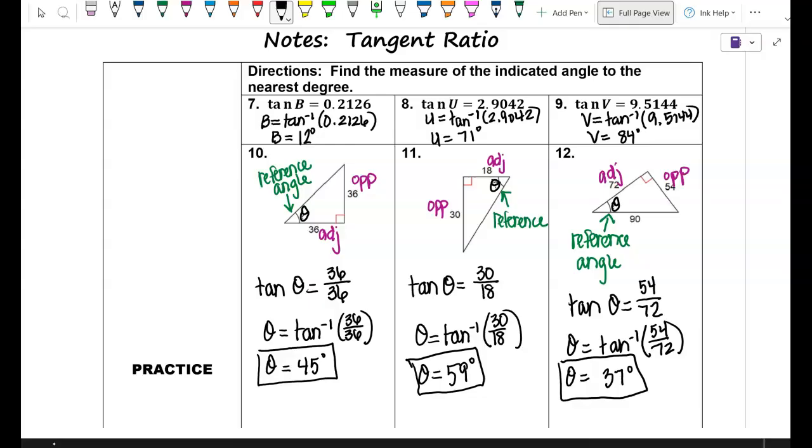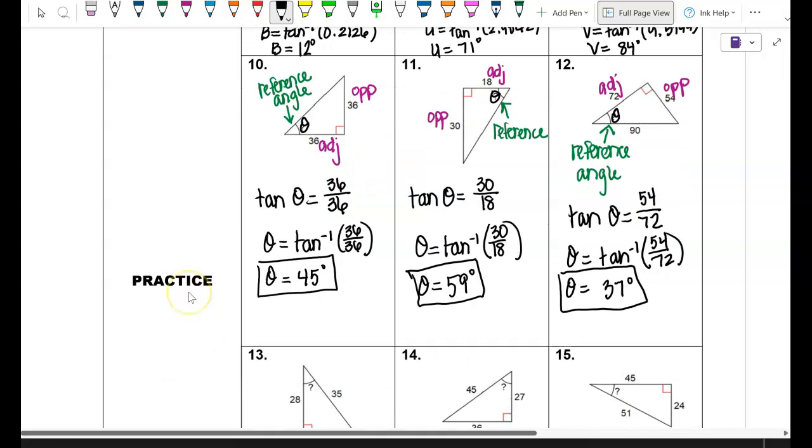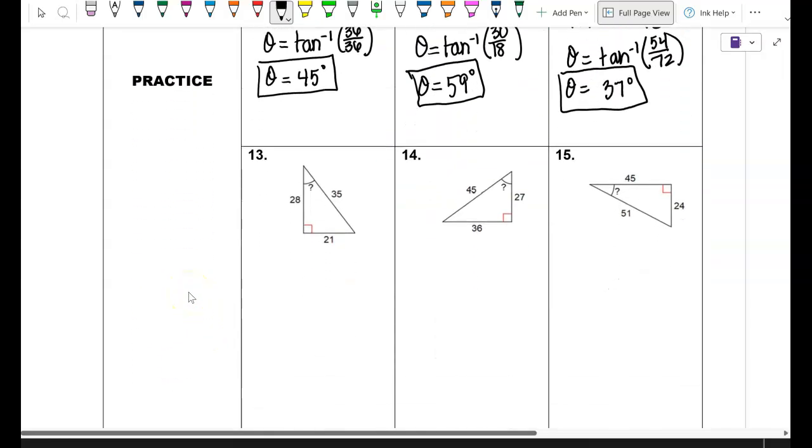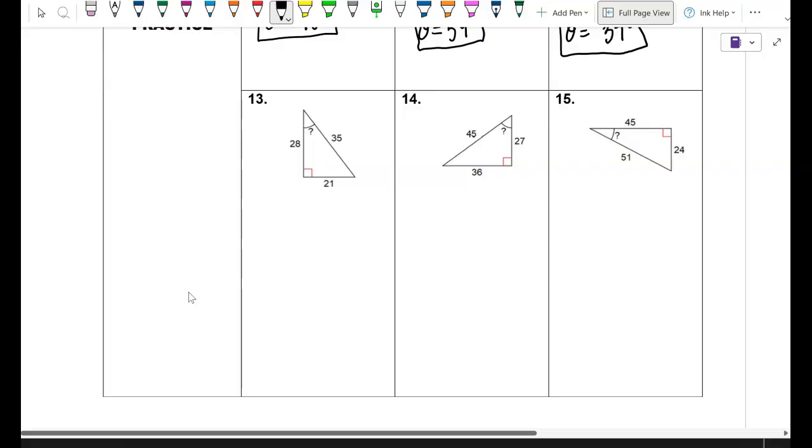All right, so as we look at 13, 14, and 15, again, the setup is similar to 10, 11, and 12, but again, they did give you the hypotenuse here, so you have to make sure that you understand opposite and adjacent. I changed all my question marks to theta.